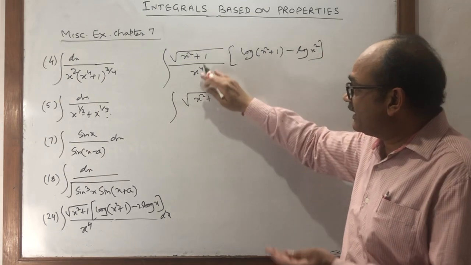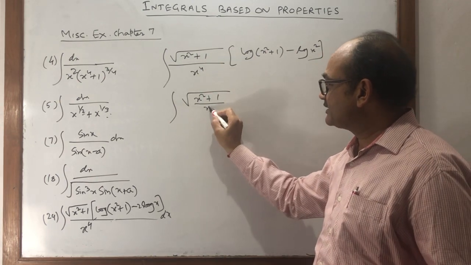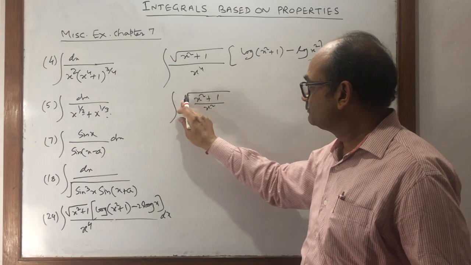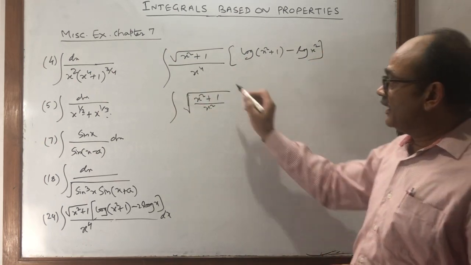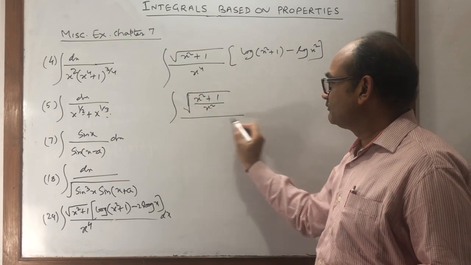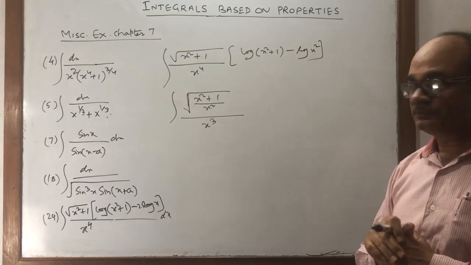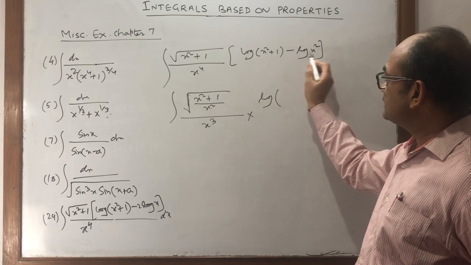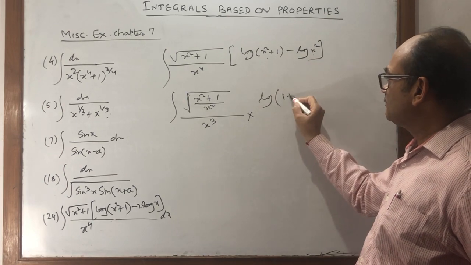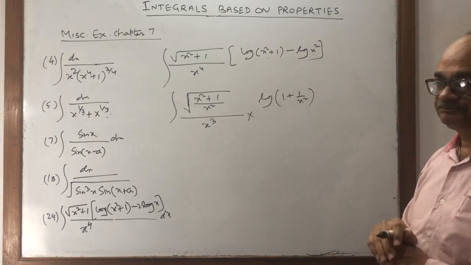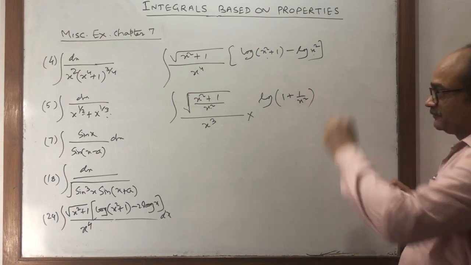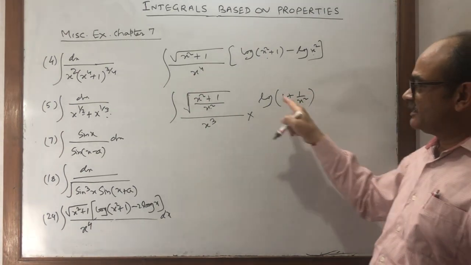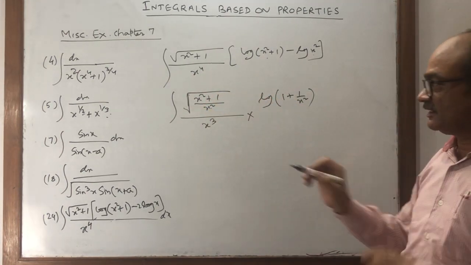If I take 1 x inside, it is x square inside the root. Correct? And this x cube will be out. This side, it is nothing but log this upon this, 1 plus 1 by x square. This will give you the hint that 1 plus 1 by x square is here, 1 plus 1 by x square is here.